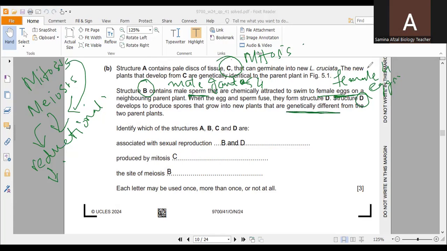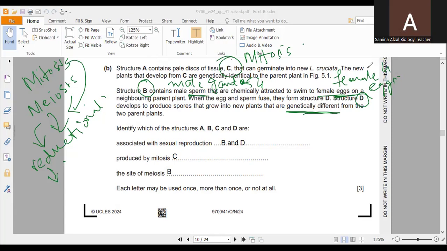Genetically different means again we have proof that meiosis has taken place. And why are they genetically different? In the prophase I of meiosis, the chromosomes exchange their parts.